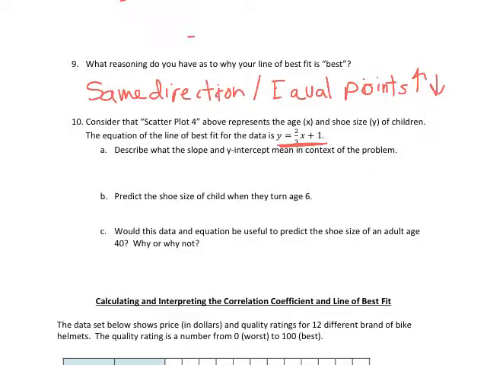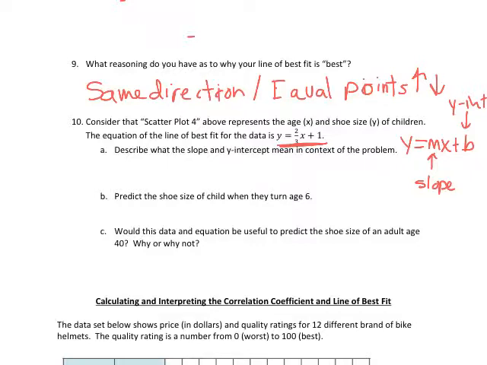And if you remember back to slope-intercept form, that's y equals mx plus b, where m is the slope and b is the y-intercept. So we want to be able to describe what the slope and y-intercept mean in context of this problem. Okay, so what does a y-intercept of 1 mean in terms of this problem? If we're talking about x is age and y is shoe size.